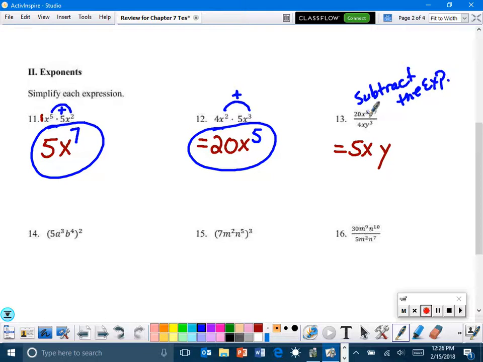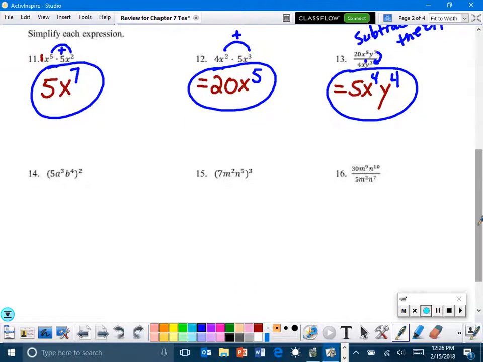So this is a 5 and this is a 1. 5 minus 1 is 4. This one's a 7 minus 3. 7 minus 3 is also 4. All right, so your answer is 5x to the 4th, y to the 4th.